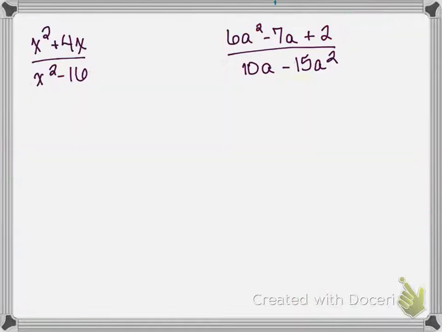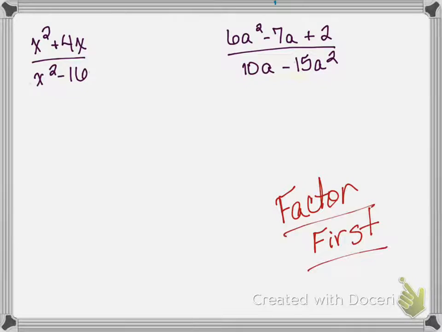Now, here we've moved to binomials and trinomials. That means we've got some pluses and we've got some minuses. You are always going to factor first. Always. You have to factor first. Okay? Before you start canceling things, factor. So I'm looking at my first one.